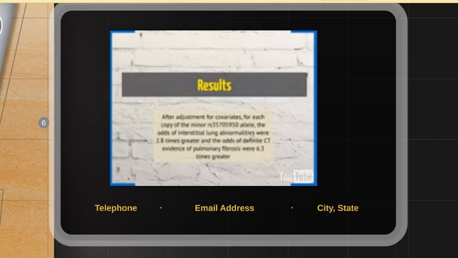After adjustment for covariates, for each copy of the minor rs35705950 allele, the odds of interstitial lung abnormalities were 2.0 times greater, and the odds of definite CT evidence of pulmonary fibrosis were 6.3 times greater.